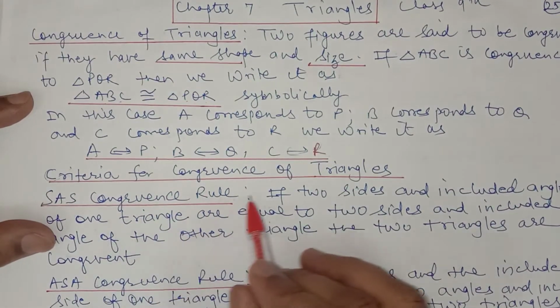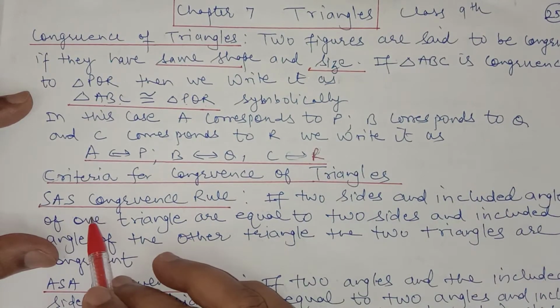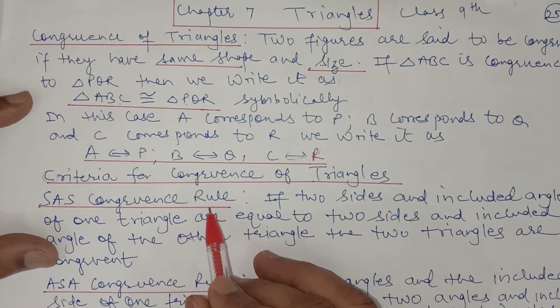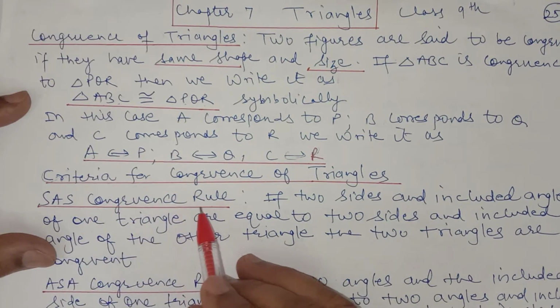Now, criteria for the congruency of triangles. You have done this in your lower classes also. SAS Congruence Rule. The two triangles can be congruent by the SAS Congruence Rule.